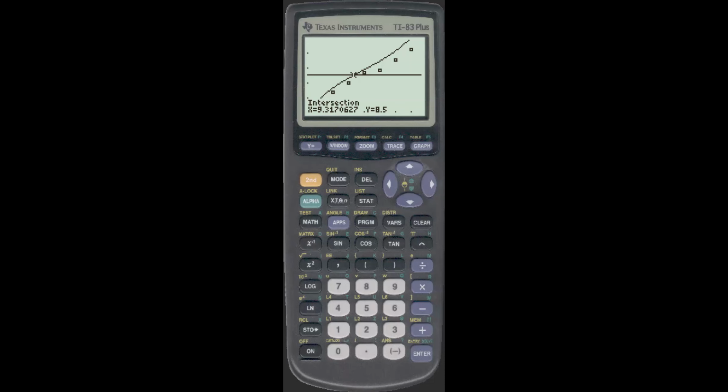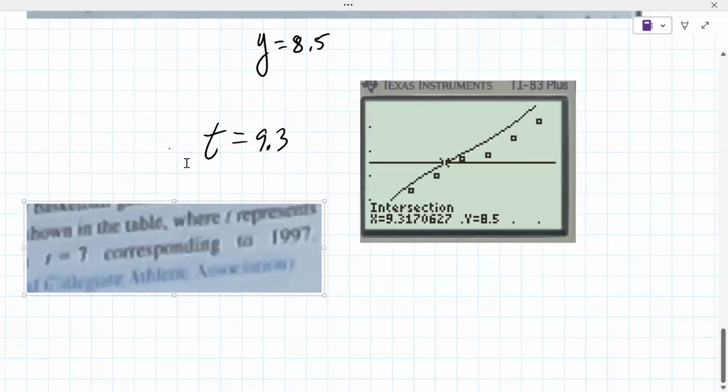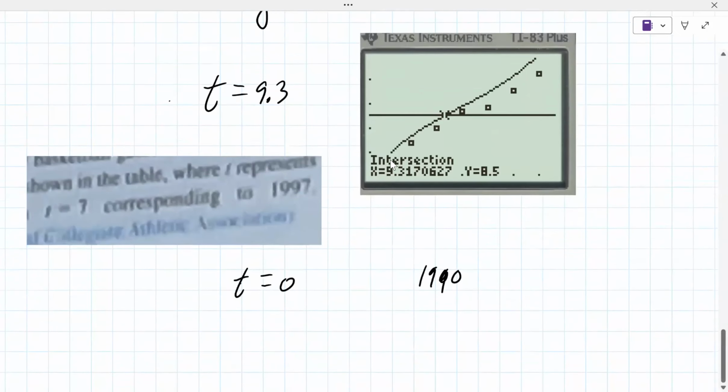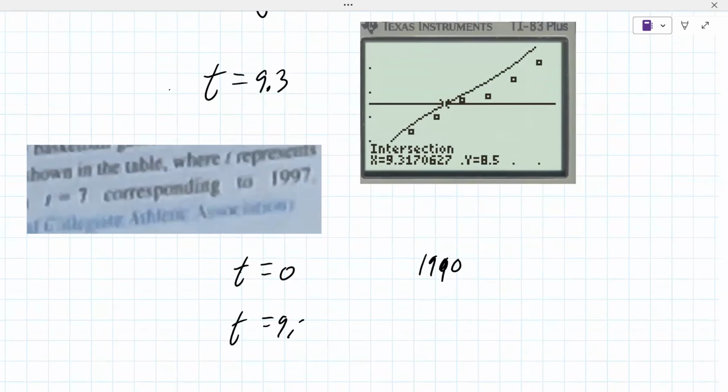So we found that t equals 9.3. It says t equals 7 is 1997. What that means is t equals 0 is 1990, not 1900. So t equals 9.3 is 1990 plus 9.3, or 1999.